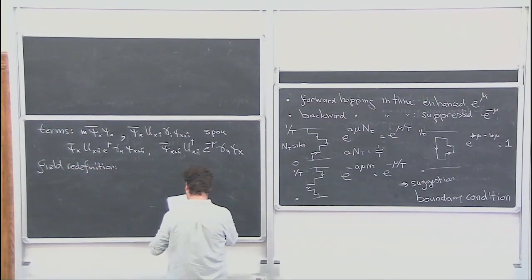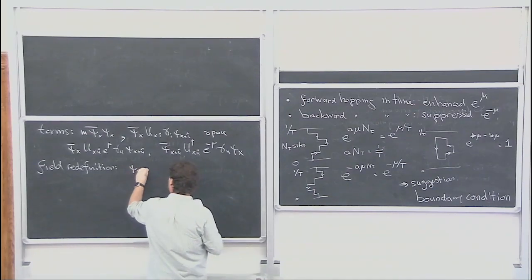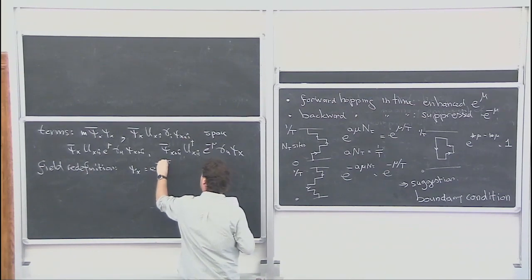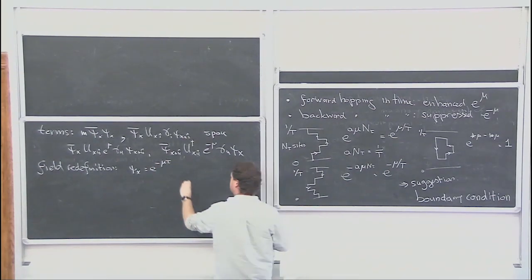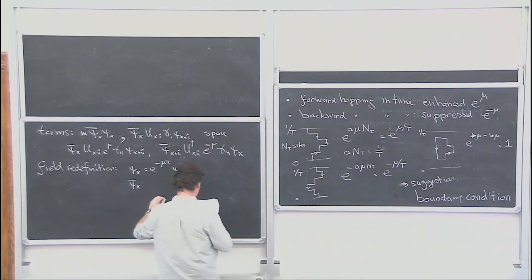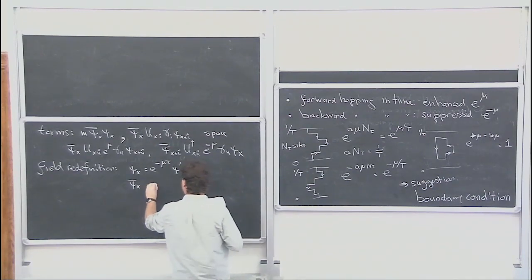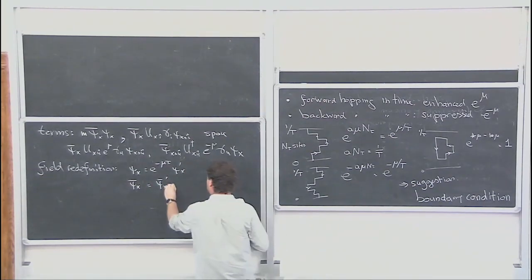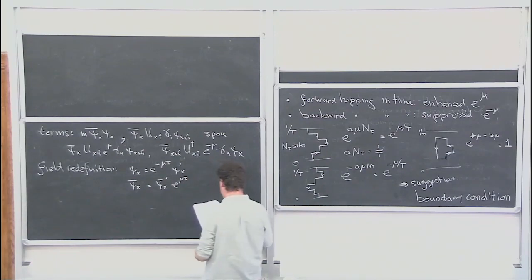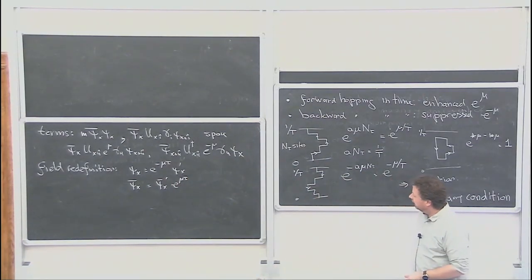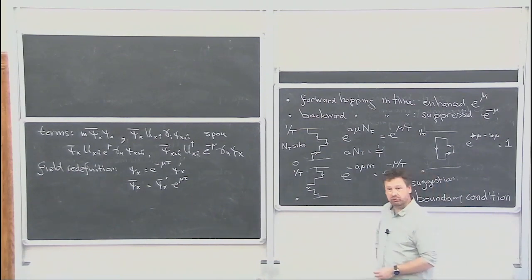And here I have to get the signs right: psi of x at some time slice t is e to the minus mu times t psi prime of x, and psi bar is psi bar prime e to the mu times t.